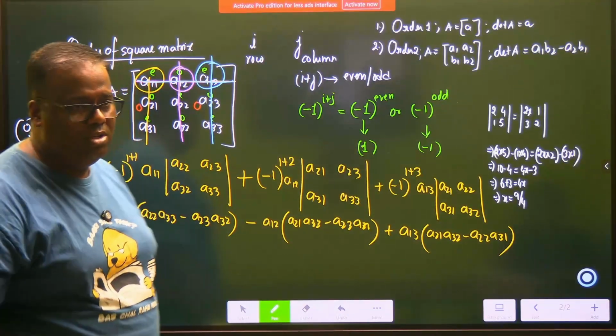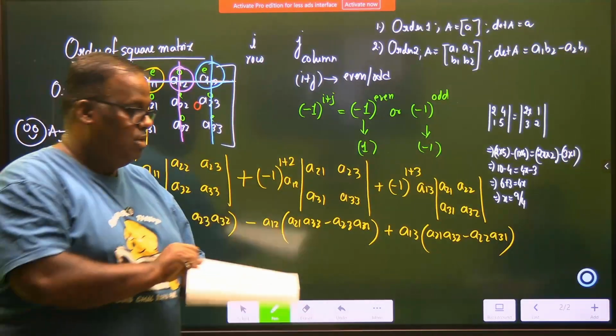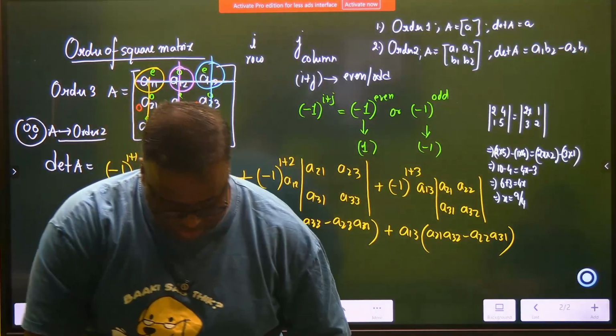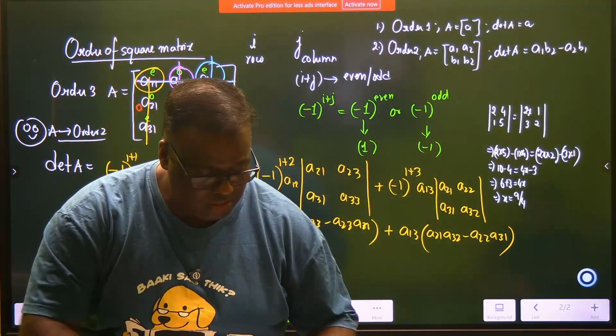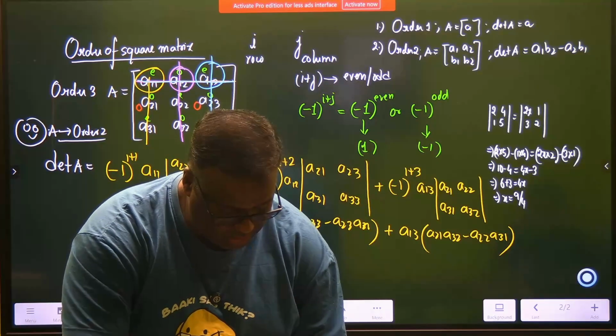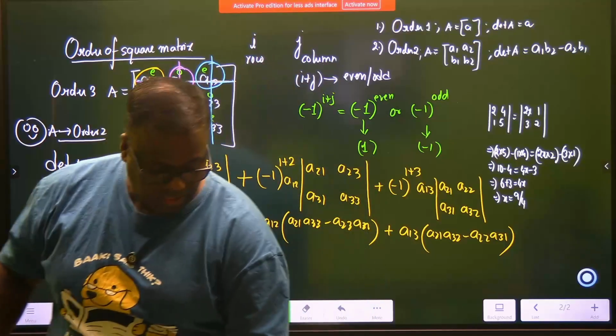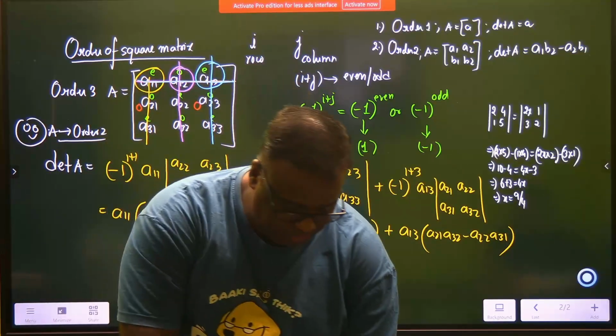Is that understood? Right. So if you have understood this, before going to our next topic, there are some properties of determinants.